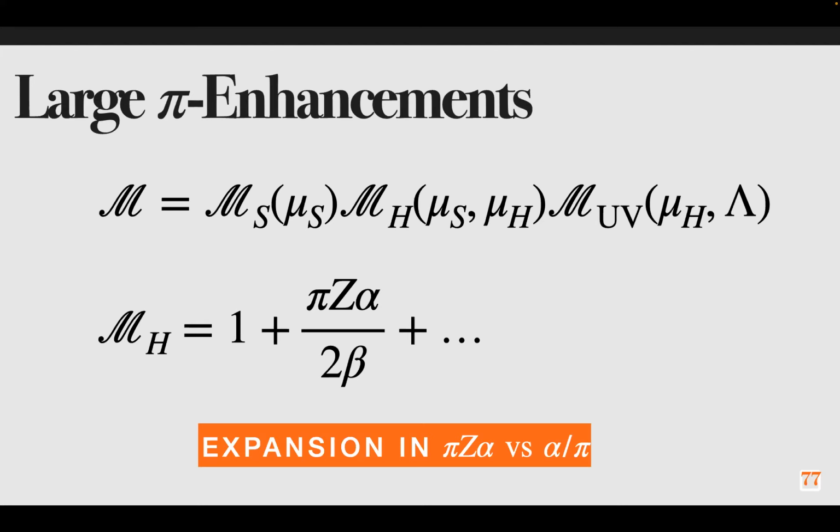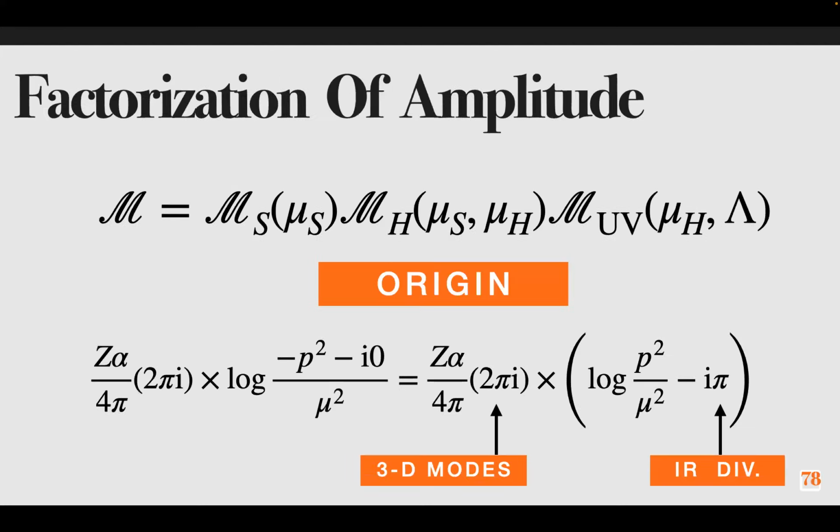So that's a good question. I'll tell you where it's coming from. Why do you think it's coming from the log, out of curiosity? That's right. So that's where one of the pi's comes from. One of the pi's comes from genuine 3D physics. You have written it in a suggestive way, so that you have 2 pi I times a delta function.